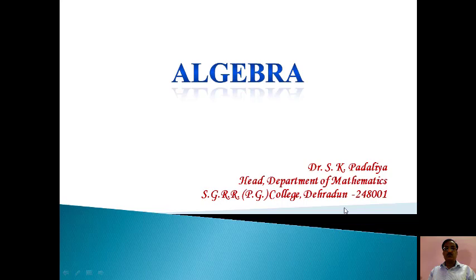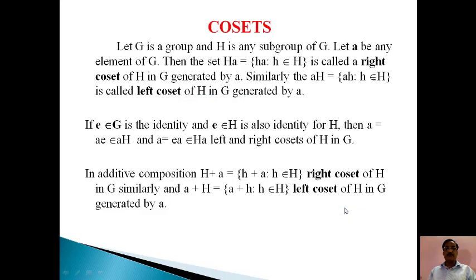But here we discuss cosets, the order of a group, and theorems: Lagrange's theorem and one more theorem in this topic. We have to discuss them one by one in this paper. So we have cosets. We know that G is a group and H is a subgroup.